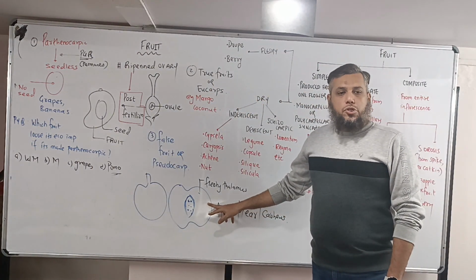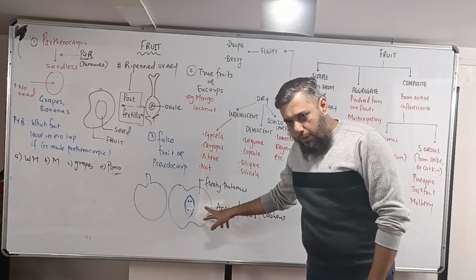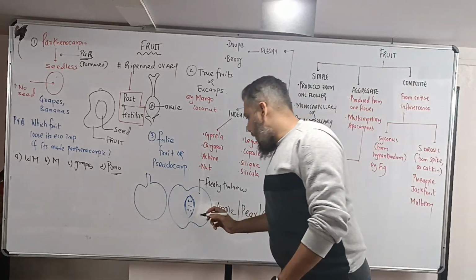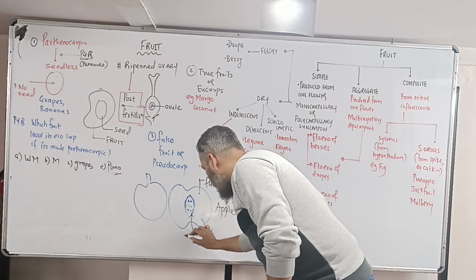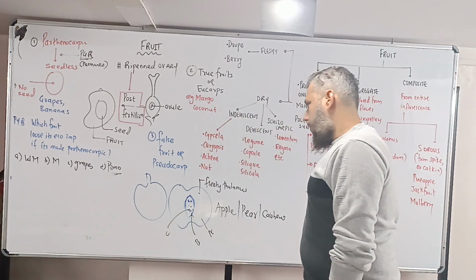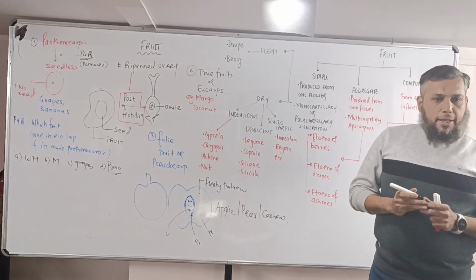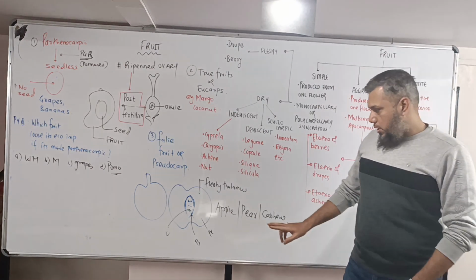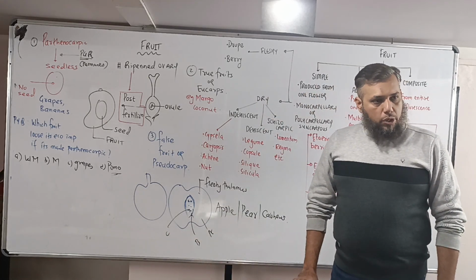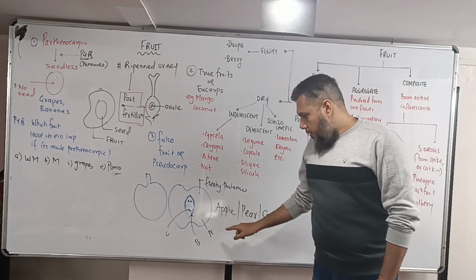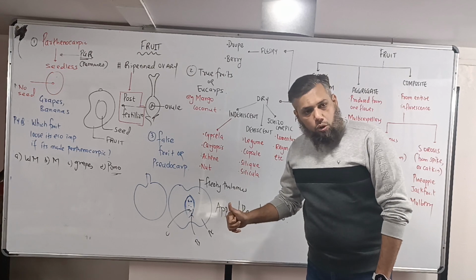So what was the question asked this year? They had given a transverse section of the apple with labelings A, B, C. In the previous type of questioning, NTA used to ask: who is A, who is B, who is C. This time the question asked was, which of the following unlabeled parts makes the fruit false?